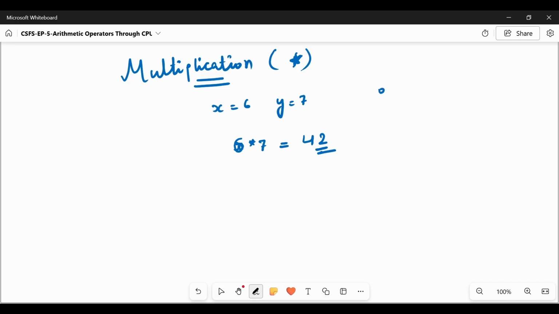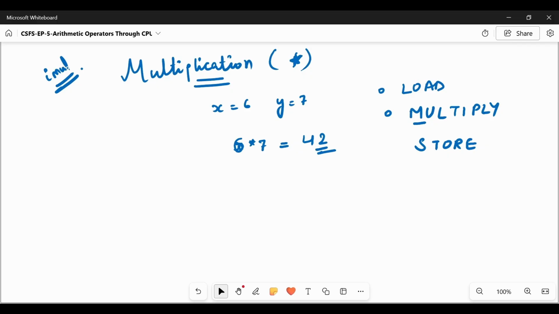In multiplication also we will have the same CPU computation operations, that is load. Now the operation will change, in this case multiply, and store: load into the memory, from memory to register, and register to memory in the case of store. The assembly format corresponding to multiplication is simply imul.